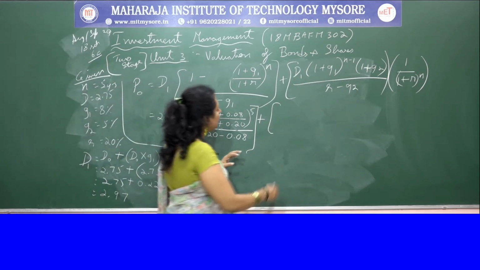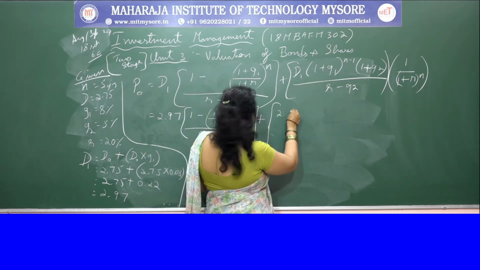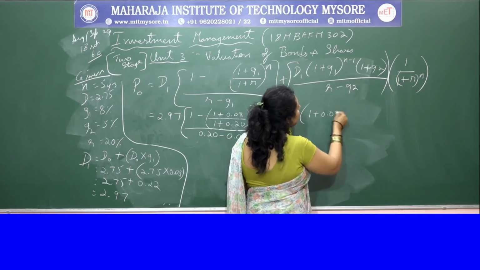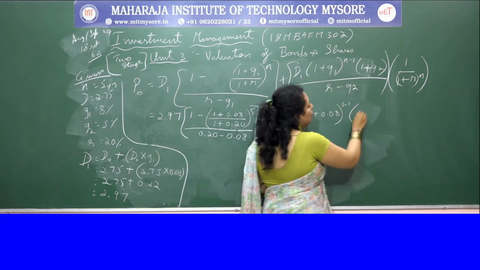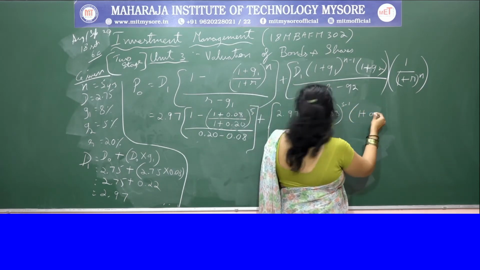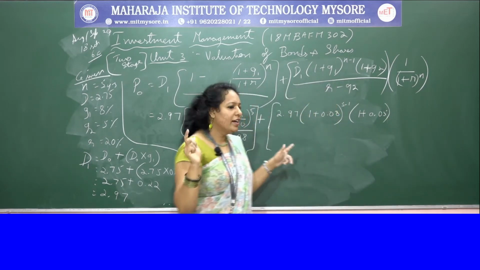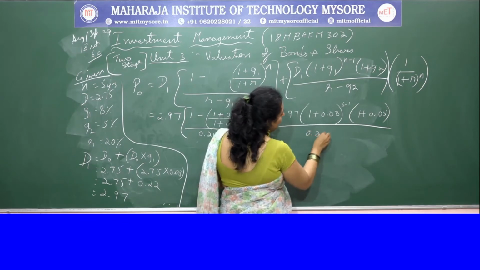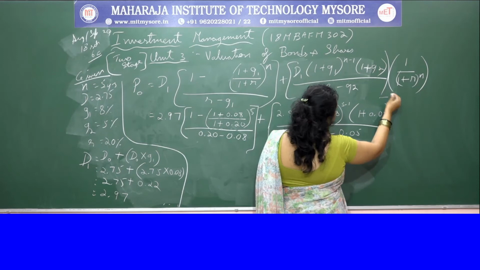In the same way, we'll do the second step of substitution. D1 is 2.97, into (1 plus 0.08) to the power of 5 minus 1, into (1 plus 0.05). So the second rate is 0.05. I am writing 0.05, whole divided by 0.20 minus 0.05.